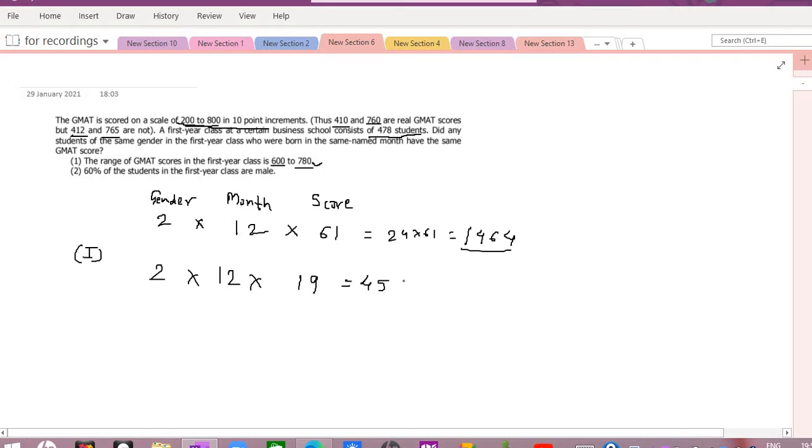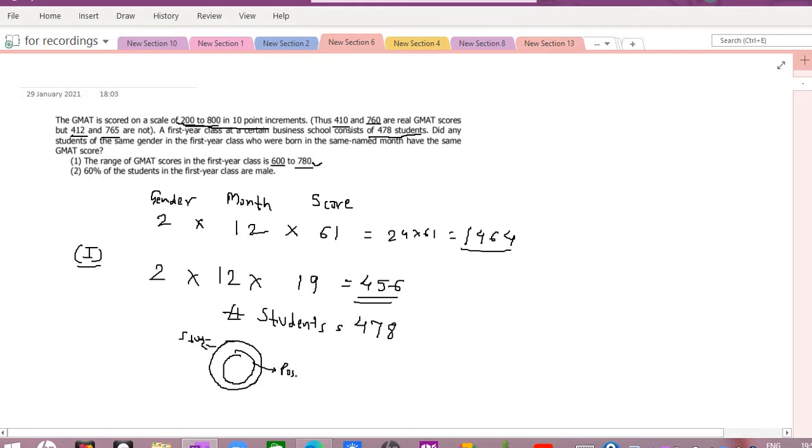So 456. Now, is the statement sufficient? You see, the total number of unique combinations possible according to the information given in statement 1 is only 456, while there are a total of 478 students in that class. So do you see my point there? The number of students is more, and all possible combinations are only 456.